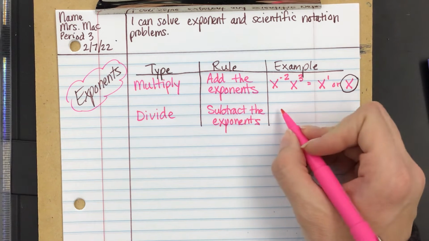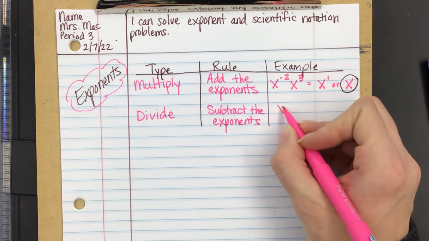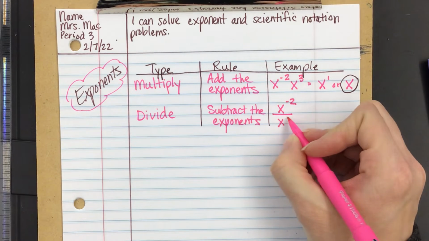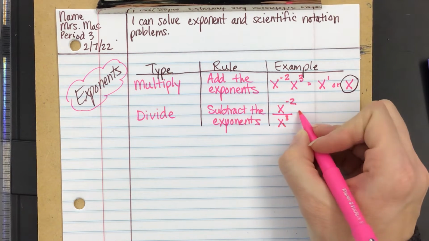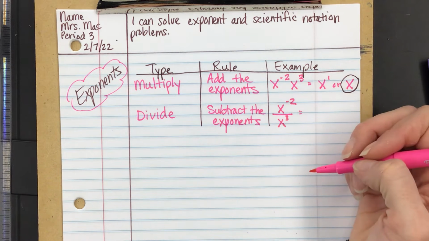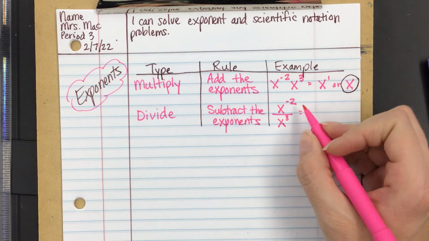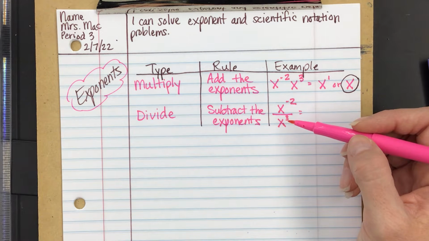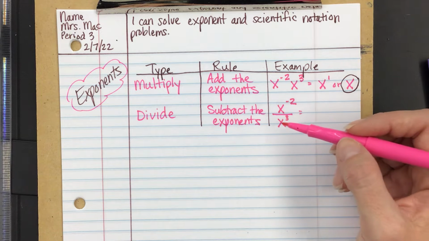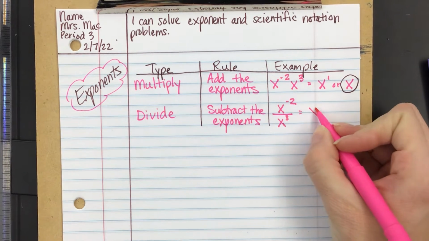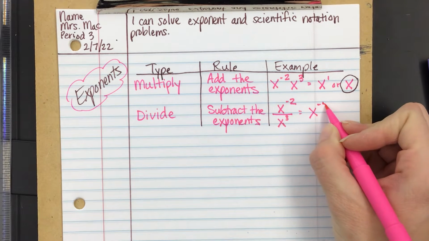For example, if you have x to the negative 2 divided by x to the third power, we can subtract those exponents. And this is where a lot of people make mistakes. It's integer errors when they're doing this. So it's negative 2 minus 3. So this will be x to the negative 5.